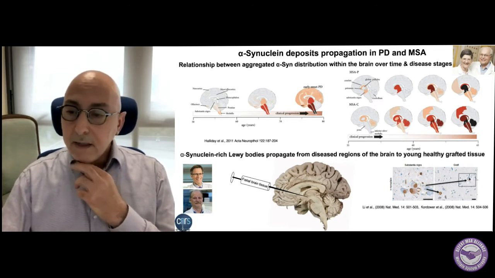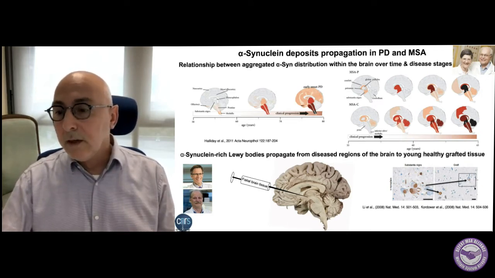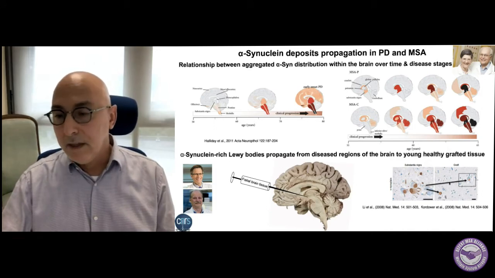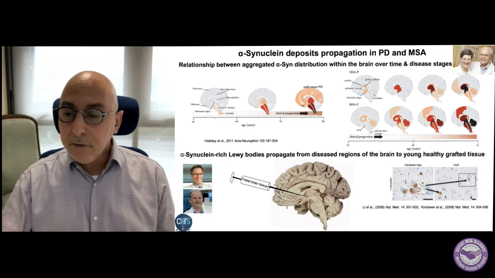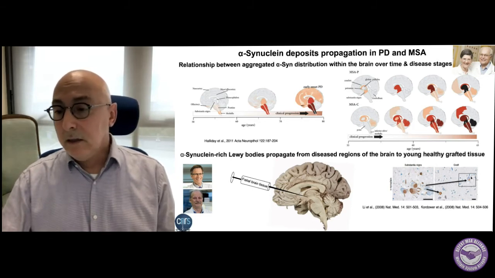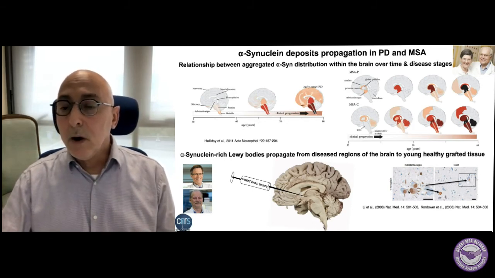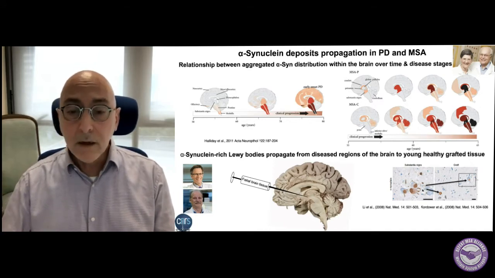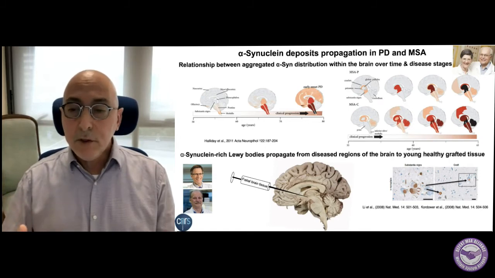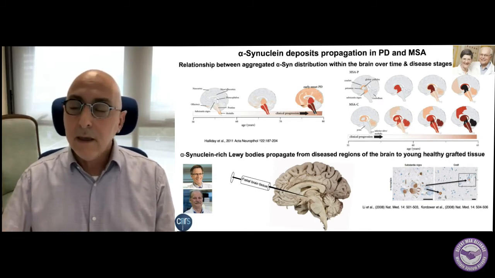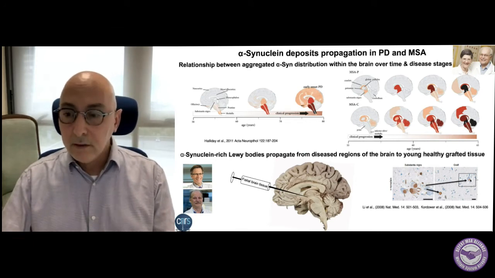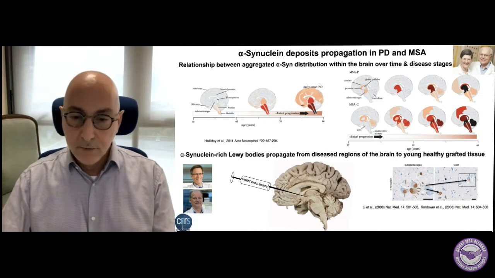Usually a brain that is 10 to 15 years old never contains Lewy bodies. So they hypothesized that the Lewy bodies within the graft were coming from the affected regions of the brain. In other words, that the Lewy bodies within the aged brain were propagating or spreading to the young bits of brain that were placed in the brain of these patients.